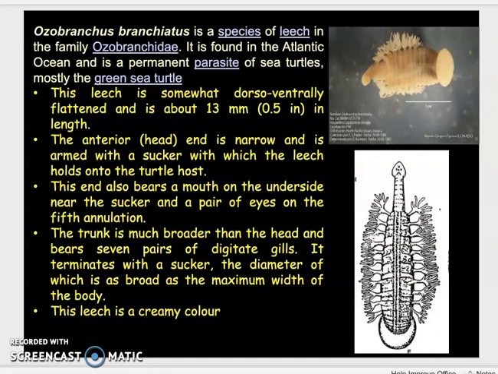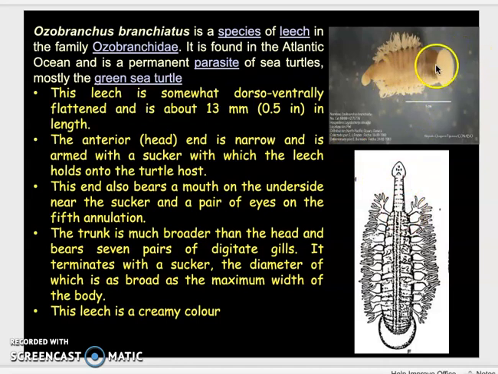Then the last example of these is Ozobranchus. It is a species of leech in the family Ozobranchidae, found in the Atlantic Ocean, and it is a permanent parasite on sea turtles. This leech is somewhat dorsoventrally flattened like this, and is about 13 millimeters in length.